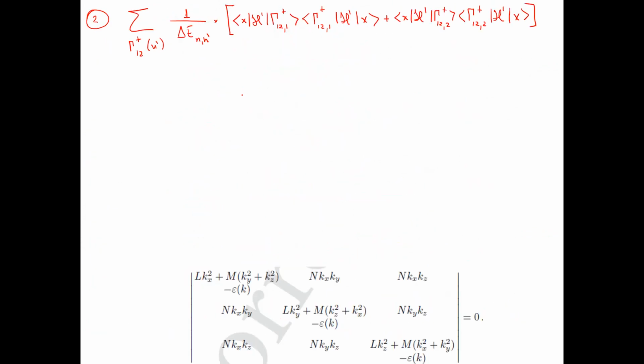So this is basically going to be equal to h bar square over m square, I have kx square, and then the sum over all states with gamma 1 2 plus symmetry, energy denominator, and actually I have here basically twice the absolute value of A3 square.